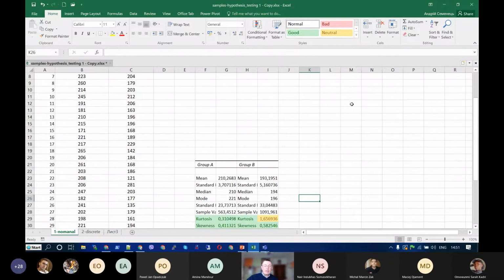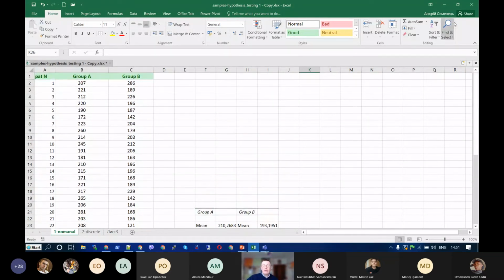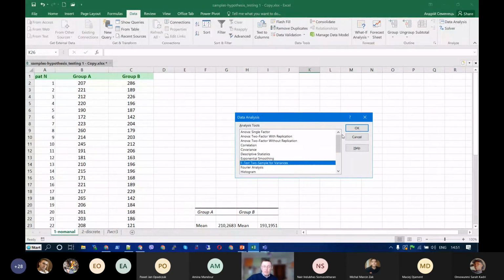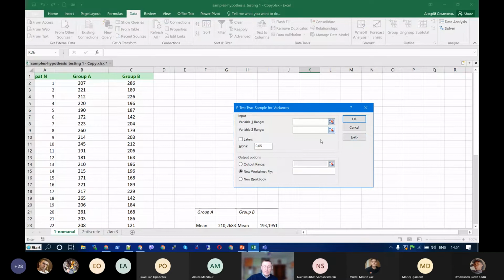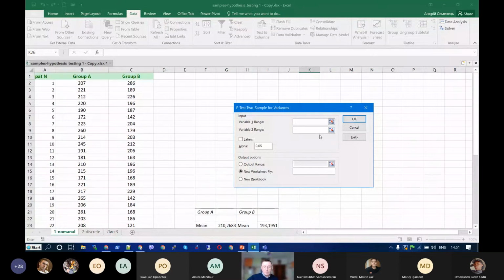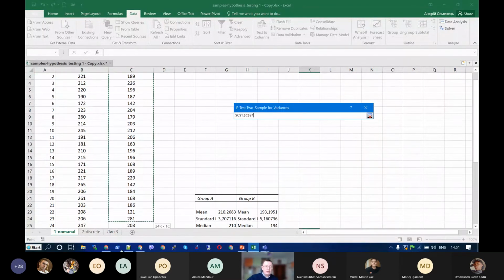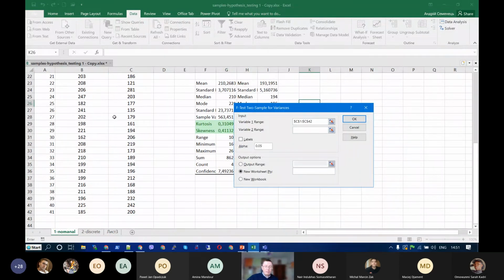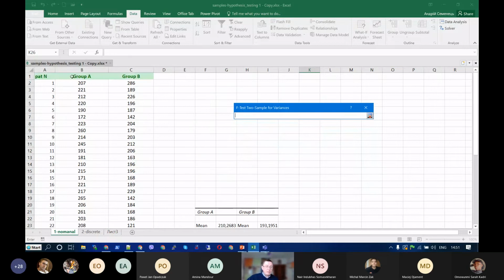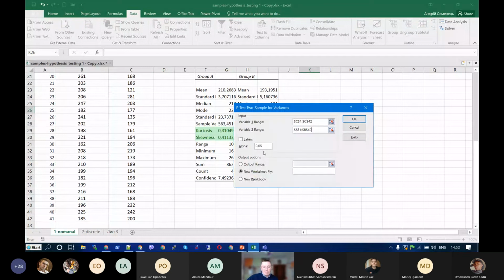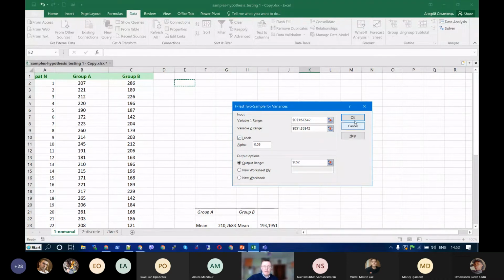As in the previous case I showed on slides, I will continue with the Fisher test for sampling variances. Where do we have the greatest variance? It's for sure the second distribution, so it has to be treated as variable 1 in this case. Alpha is 5%, labels are included, and the output range is like that.